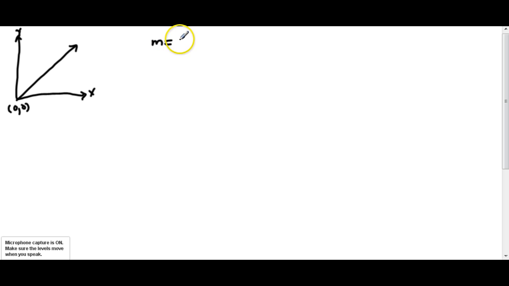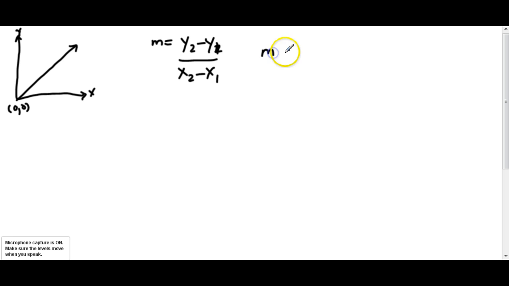Now, we know from the formula that slope is equal to y2 minus y1 over x2 minus x1. That is the slope formula. Now, if we know that the line goes to the origin 0, 0, that's one of our coordinates, we know that y1 and x1, if we use that as our second coordinate here, is 0.